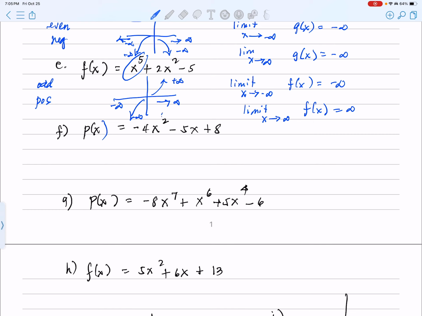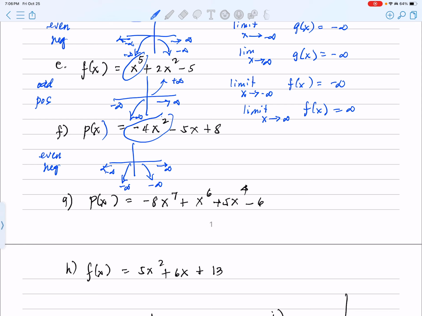Okay, our leading term is this. So the degree is 2. The degree is even. And it's negative. Even, negative. That means both falls down. Okay, as x approaches positive infinity and x approaches a negative infinity, the end behavior is negative.